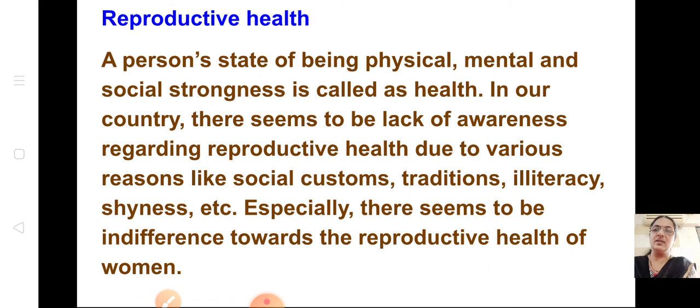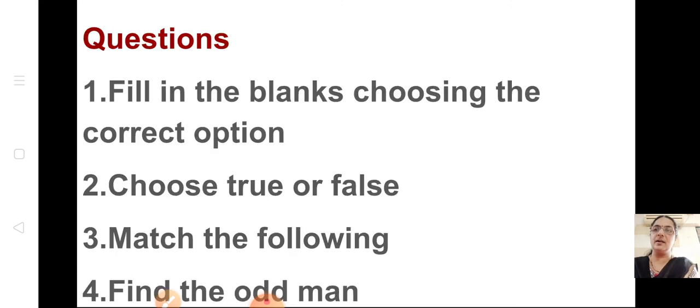Okay, shall we go to the questions now? The paper pattern can be fill in the blanks, choosing the correct option, where 3 options will be given and you have to choose from those. Choose true or false, like your unit test.